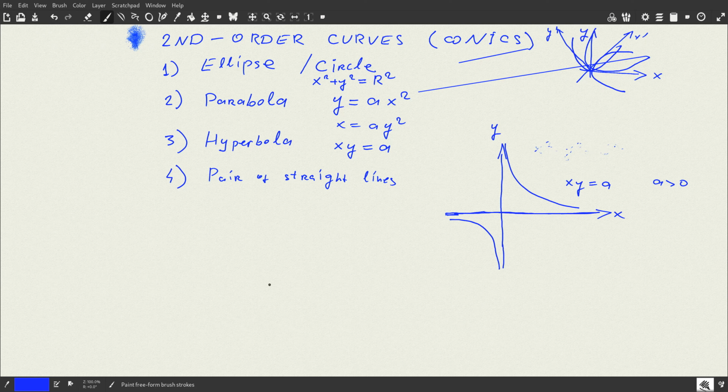Where would it be? Inside or outside this one? So suppose that that's a1. Now I take a2 greater than a1. Where is it going to be? Outside. Outside, of course. Yes.